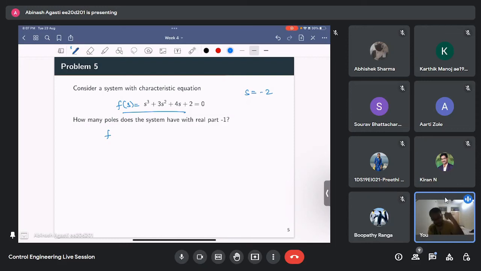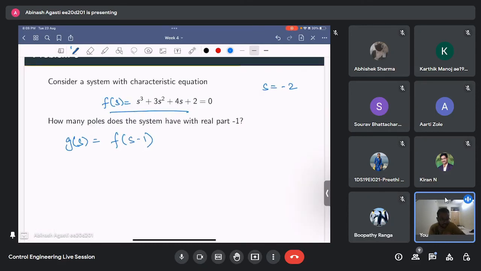So now if I define another polynomial as g(s) = f(s - 1), I define this new polynomial. The original characteristic polynomial was f(s) as given in the question. Now tell me, if there are poles on the j omega axis for g(s), what does that mean for f?